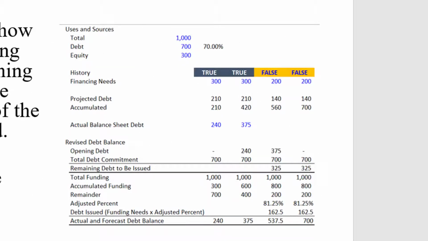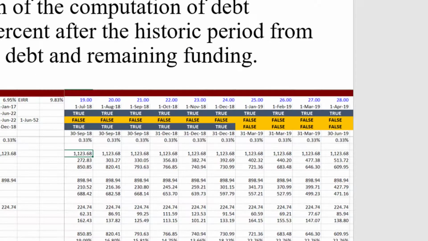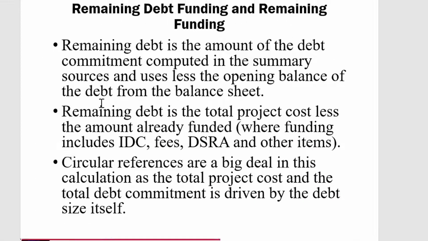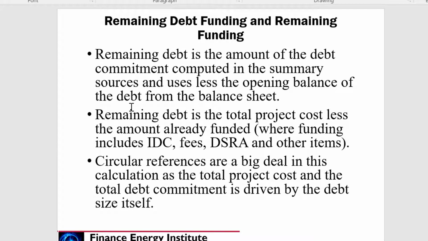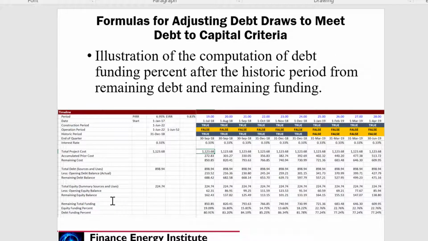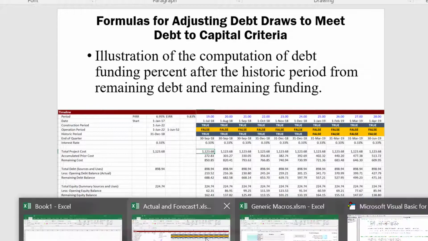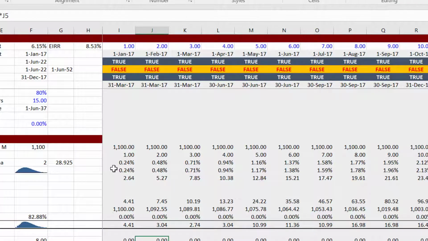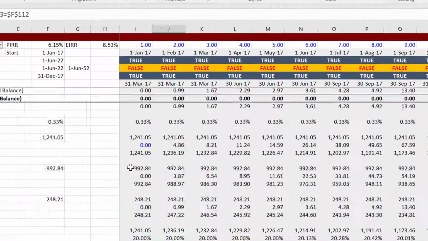This illustrates the kind of thing you have to do. So here's what we got to do. We have to figure out the remaining amount of debt, and the circular reference issues are the pain here. And you could copy paste, but God knows how many copy and paste you'd have to do to get this. Okay, but let me just kind of walk through the debt portion of it here.